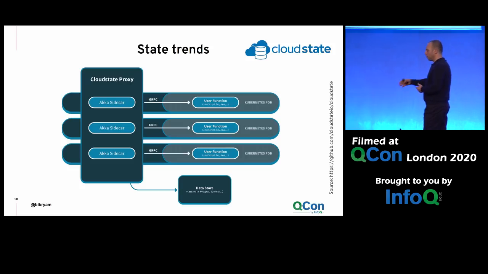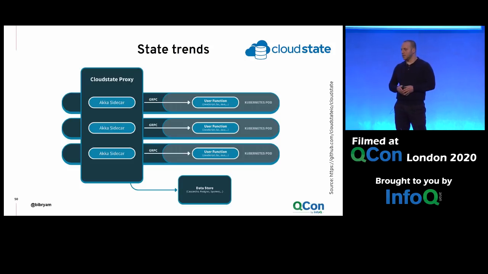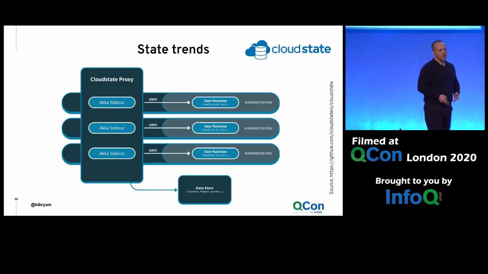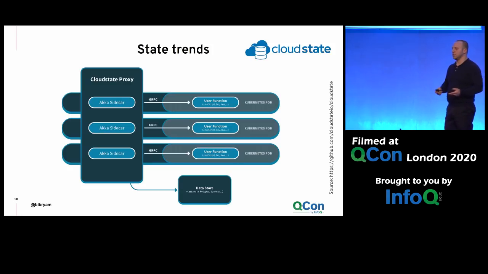All you do is a call to a local sidecar. The sidecar handles the complexity, and it can be used behind the scenes with different data sources. So it has all the stateful abstractions you would need as a developer. A project definitely to follow and see what's happening.